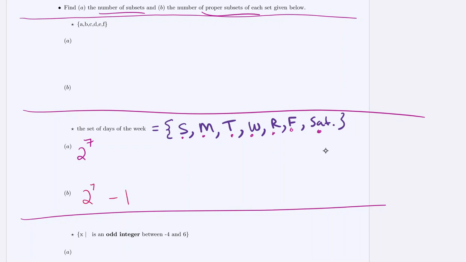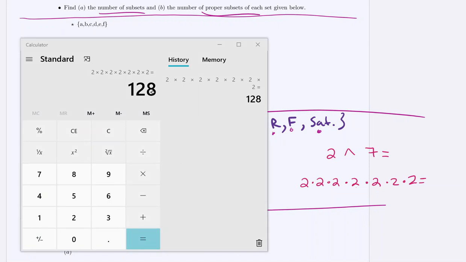Now, if we want to know what 2 to the 7th is in our calculator, we would type 2, exponent, 7. And if you don't have this exponent button, then you would just multiply 2 by itself 7 times. 1, 2, 3, 4, 5. Okay, that's 2 to the 7th. In either case, we would get 128 as our answer.